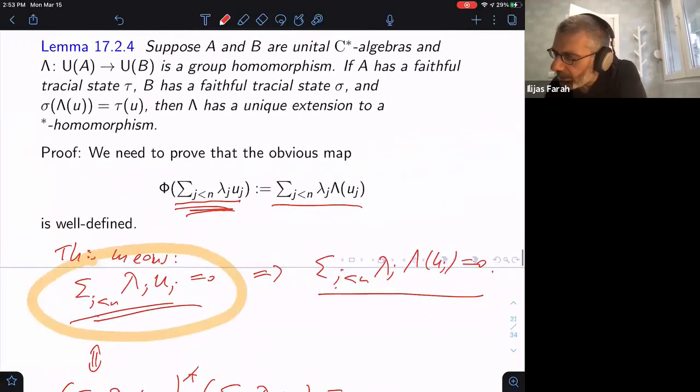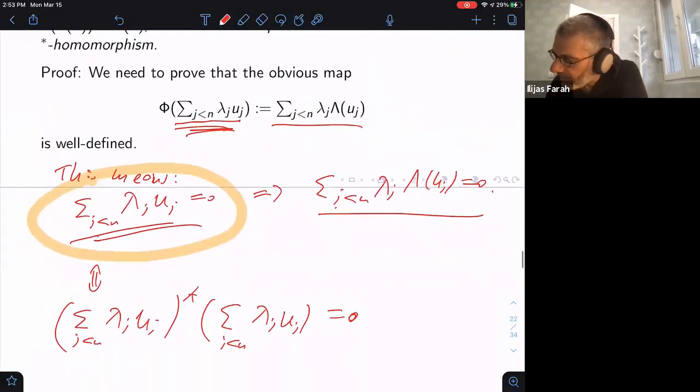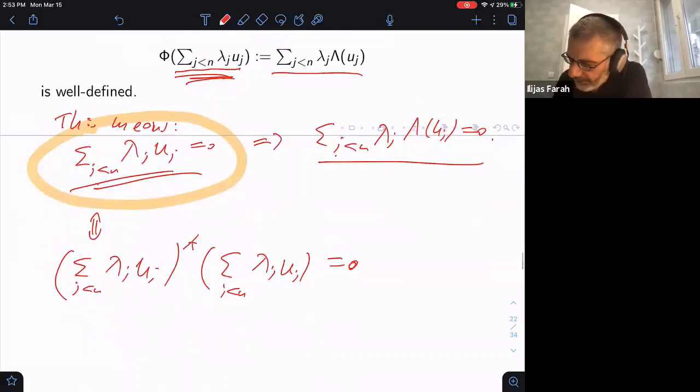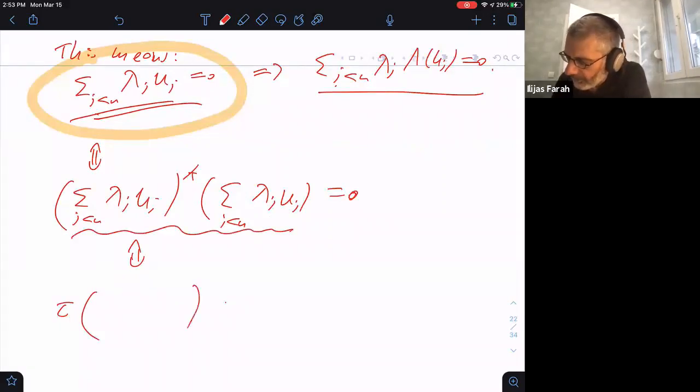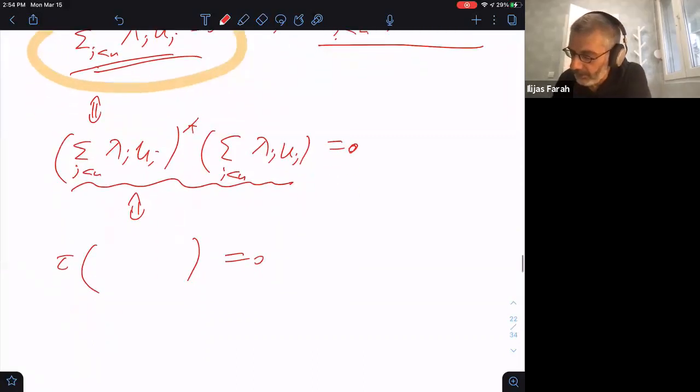Hint is in the statement. So you have a faithful tracial state, right? Basically, everything was on the slide, but I just forgot to look at the right place. So this is equivalent to saying that tau of that is equal to 0, right? So what is tau of that?